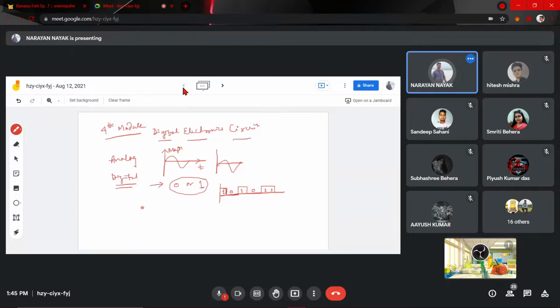Now in this digital electronic circuit you study number systems: first one is the decimal, second one is the binary, third one is the octal, and fourth one is the hexadecimal. So first, what is the number system?